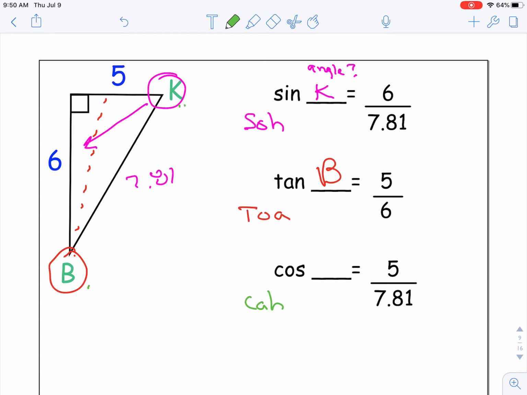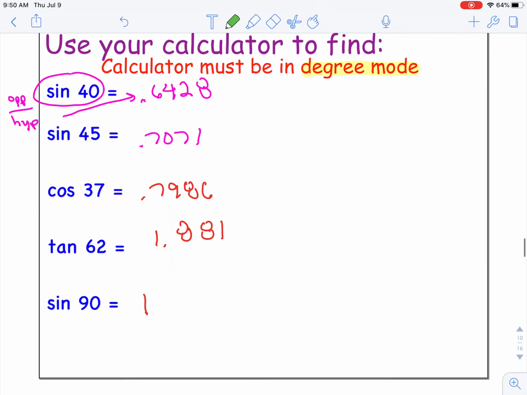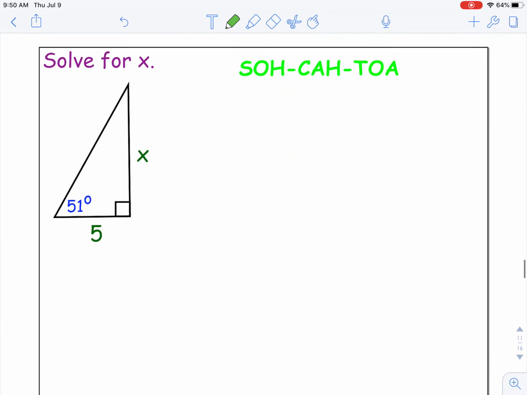Angle K or angle B has the adjacent side 5? Angle K does. So that's just working it in a little bit different idea, and again, making sure you understand that the side opposite or adjacent changes depending on what angle you're referencing.